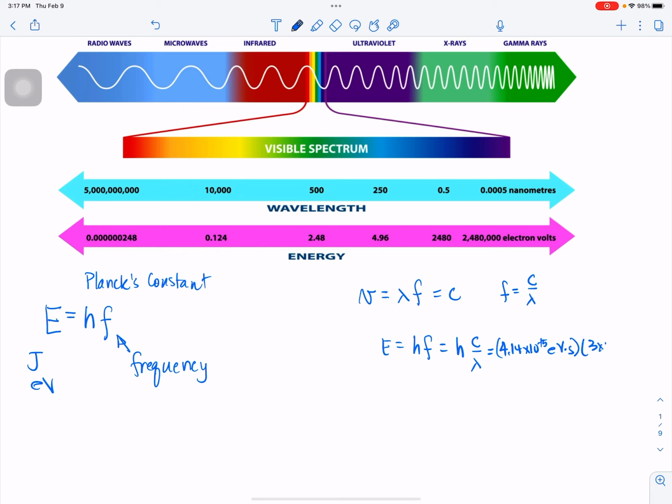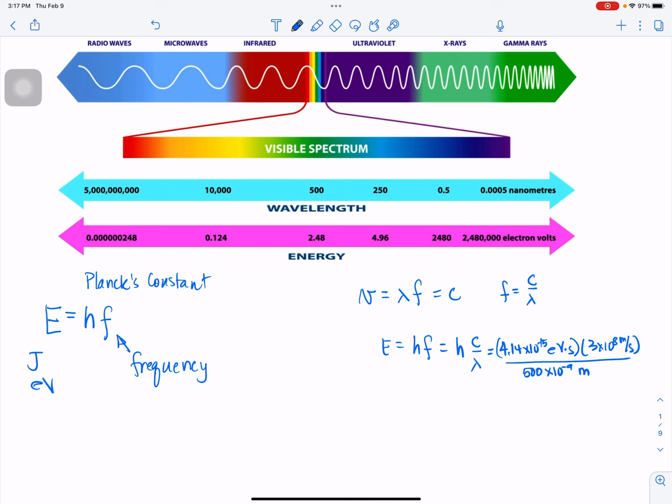c is 3 times 10 to the 8th meters per second. And then hopefully I don't have to convert that for electron volts. And then wavelength is 500 times 10 to the minus 9 meters. So for nanometers, I'm just plugging in 10 to the minus 9 for nano.